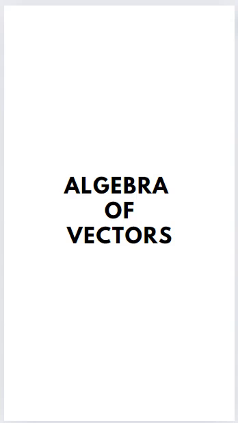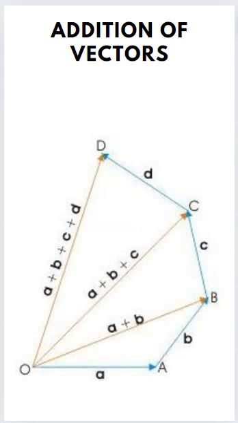A vector of magnitude 2 units and another vector of magnitude 3 units cannot be algebraically added because they have different directions. Here in the diagram, we have vectors A, B, C and D. If we have to add these vectors to get a resultant vector, we will have to arrange the vectors such that the head of the preceding vector becomes the tail of the succeeding vector. In the diagram, vector OD is the resultant vector.